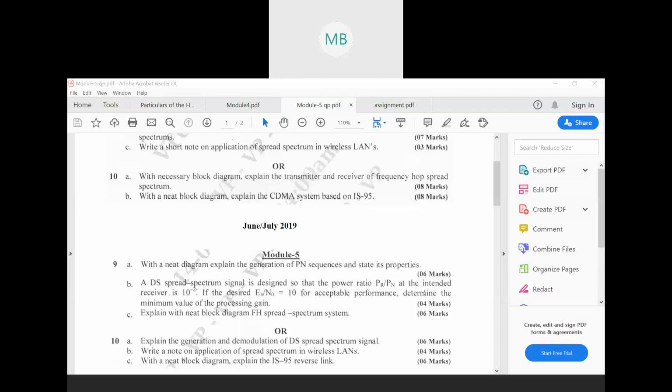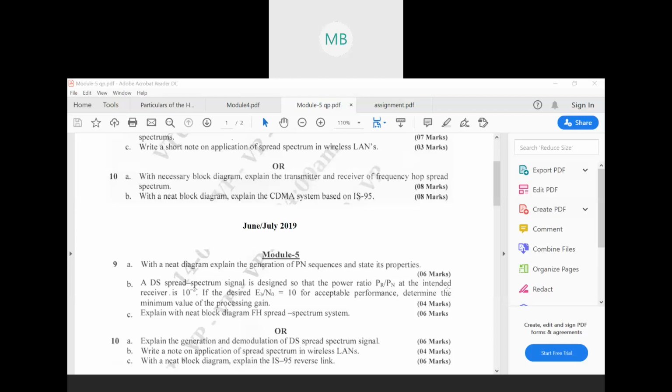Formula is Eb by N naught equal to PR by Pn into processing gain Lc, or processing gain equal to Eb by N naught divided by PR by Pn. Very simple problem. Lc equal to 10 by 10 raised to minus 2, or you'll get processing gain as 1000. So it is for 4 marks.